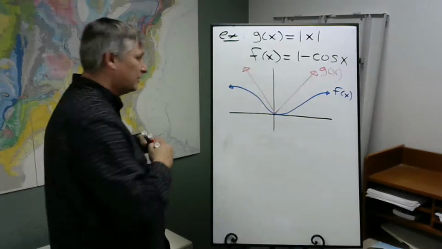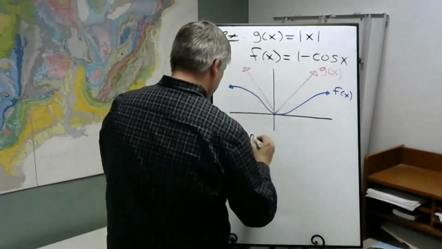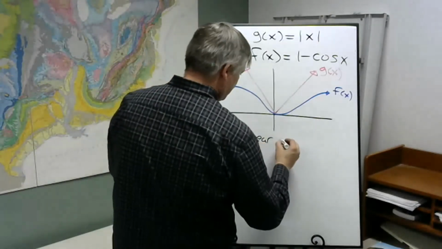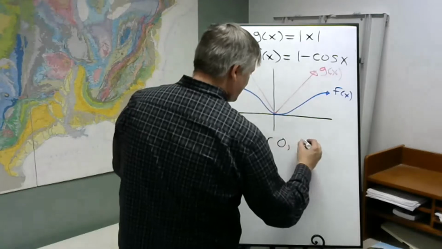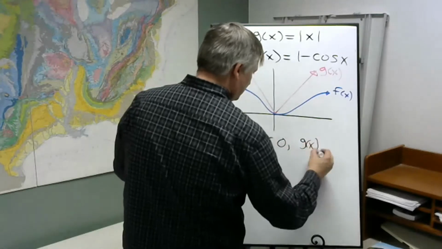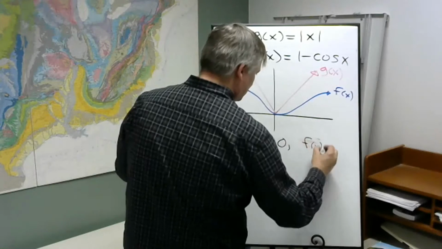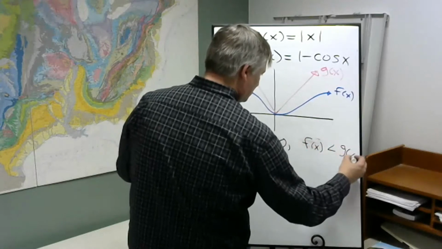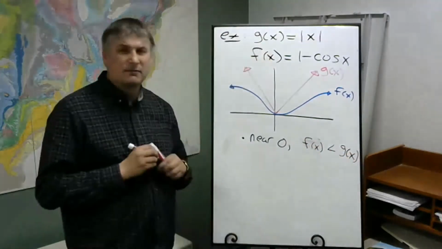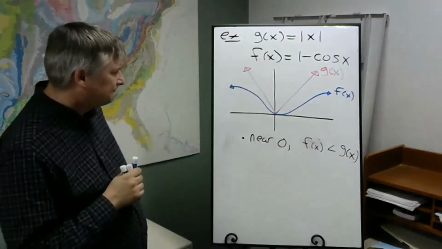But near 0, we actually have a hard inequality. We have f of x less than g of x.